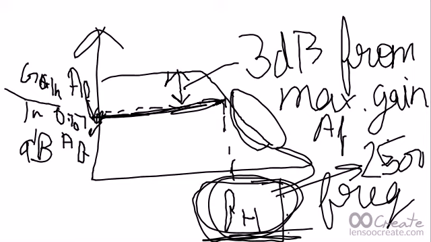How do you find this critical frequency? When the gain is 0.707 of the maximum gain. At that point, whatever the frequency is, that is your critical frequency. Or you can say your minus 3 dB frequency.